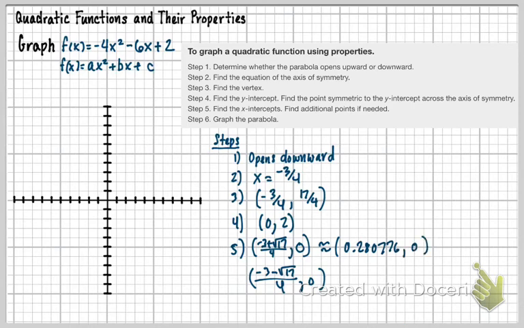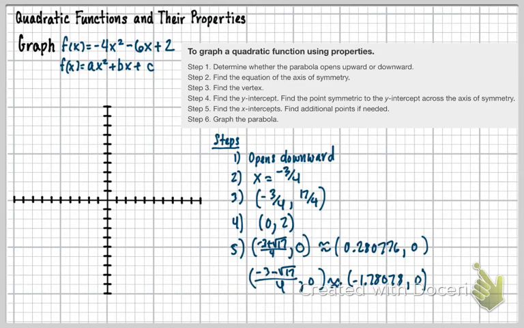And the other one approximately is going to be -1.78078, comma 0. So with those 2 together, this here is strictly for the graphing, not for an answer. So be careful. This is what we should write for the answer for that step 5.